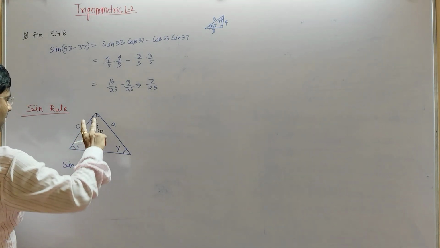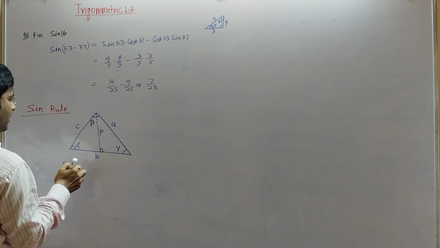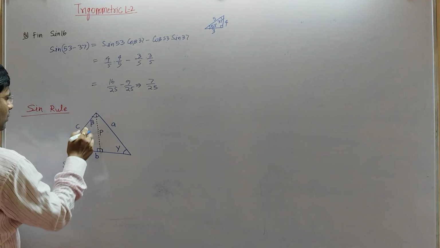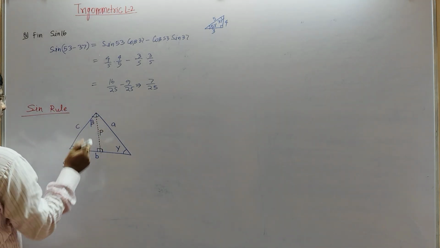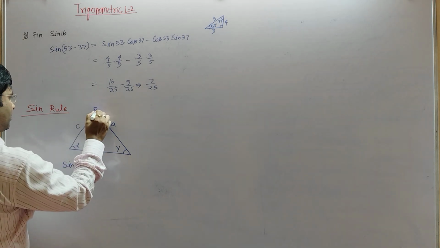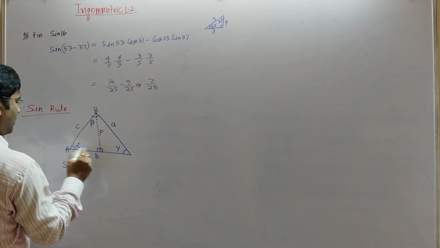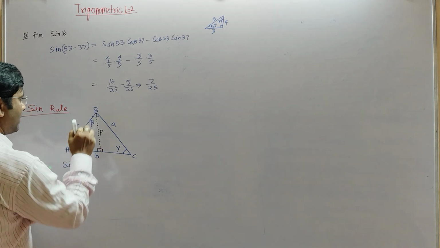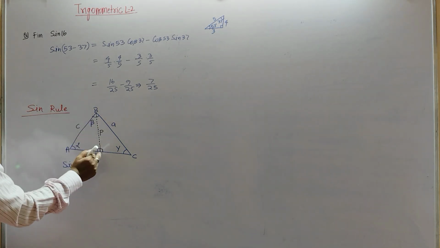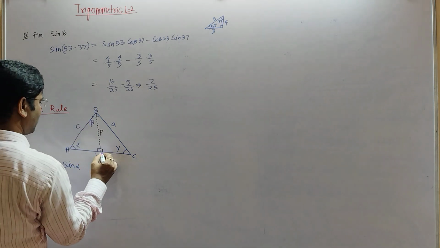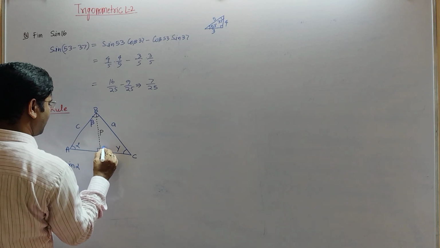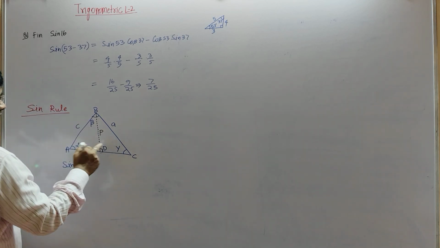What is sine alpha? Perpendicular upon hypotenuse, because this is 90 degrees. So in this triangle, let's say this is B, this is A, and this is C. This is point D. So A, B, C, D.